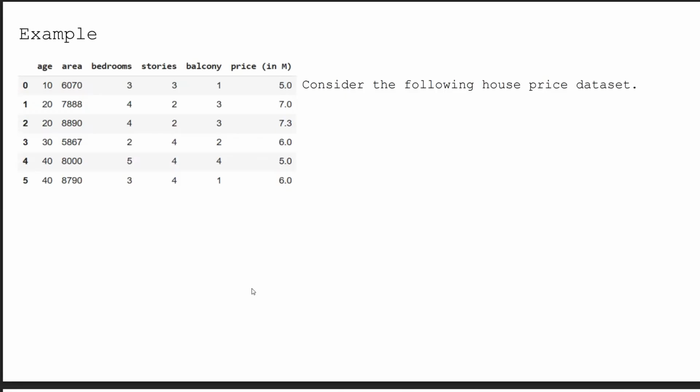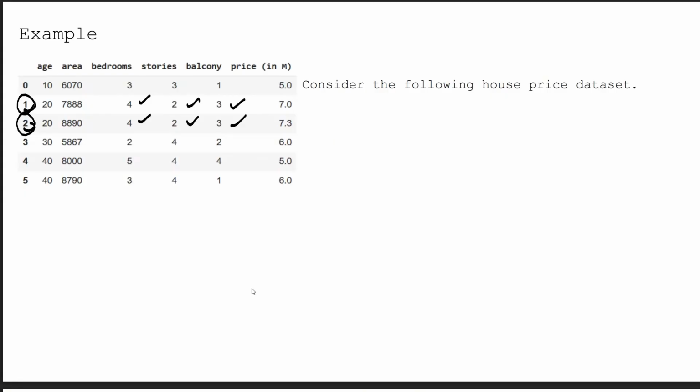Now, if we look here at the data point index 1 and the data point index 2, these two data points differ only in the area feature value. The other features are the same: the age is the same, the bedrooms are the same, the stories are the same, the balconies are also the same. So intuitively, it might feel that these two should be closer.